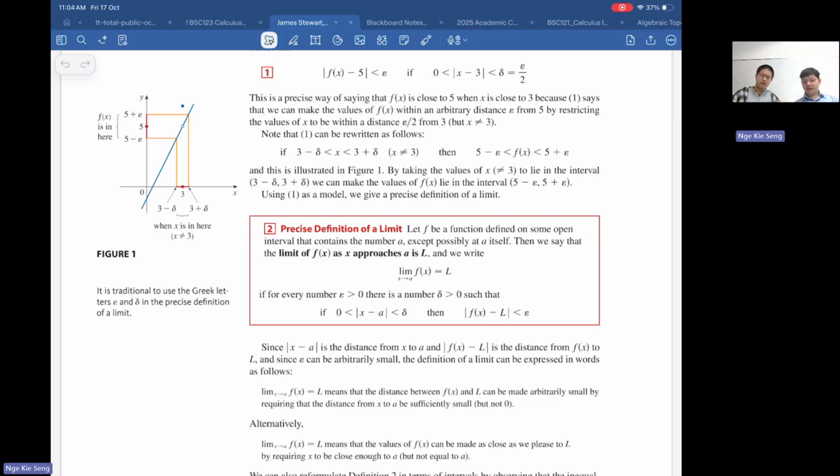What I want to say is, unless you can write it exactly, not approximately, as x minus a times something, then you are good.